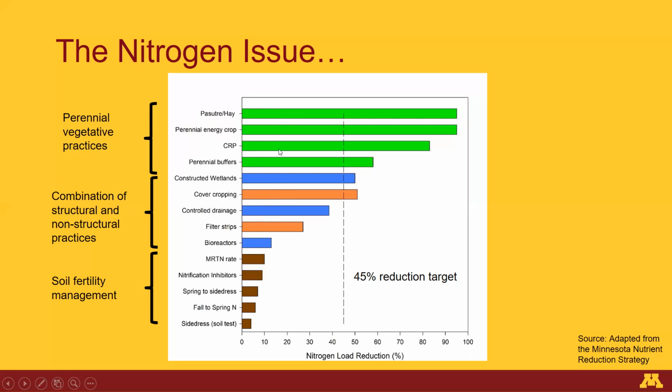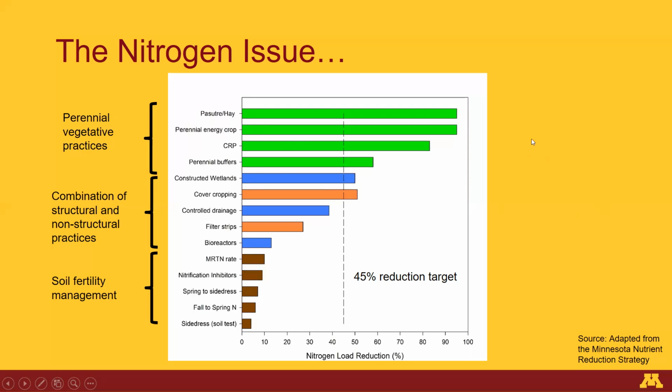The top group in green basically represent practices that really involve perennial vegetation on the landscape. And those include obviously pasture hay, energy crops, CRP, and those types of things.